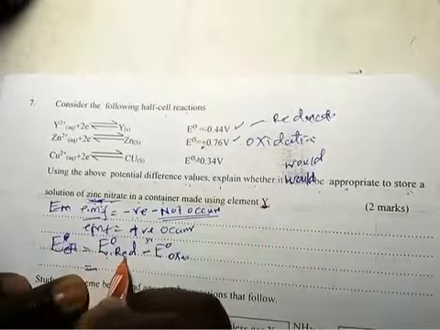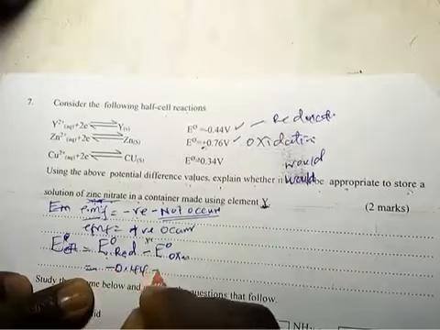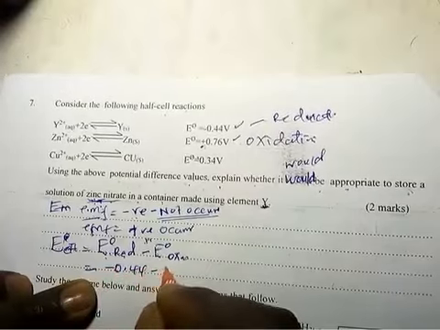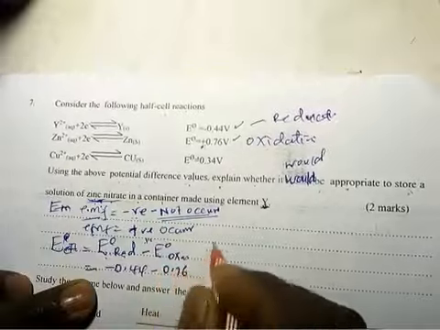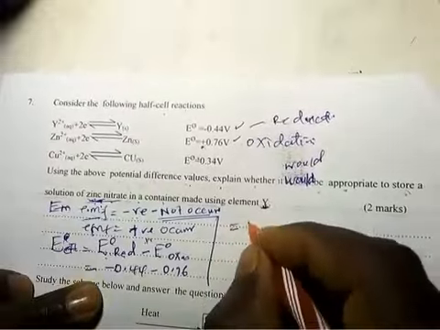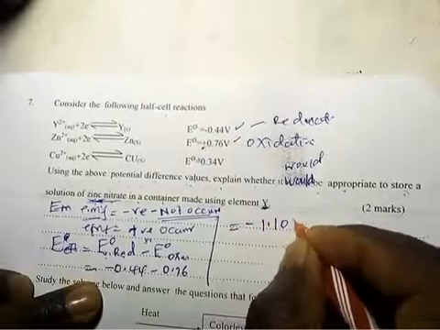So E reduction, we have said it, so that is negative 0.44 minus E oxidation, which is minus 0.76. The answer is going to be negative 1.10 volts.